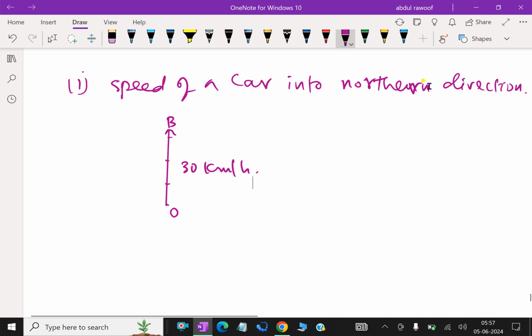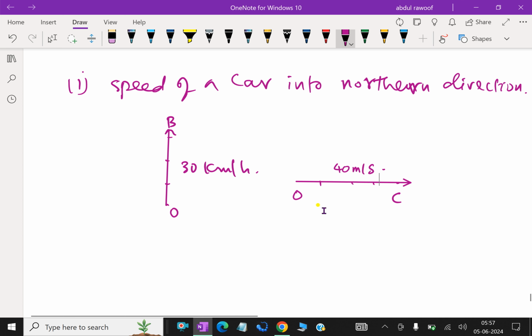In the same way, suppose it is O, and this is C. Suppose this has a magnitude of 40 meters per second in the eastern direction.